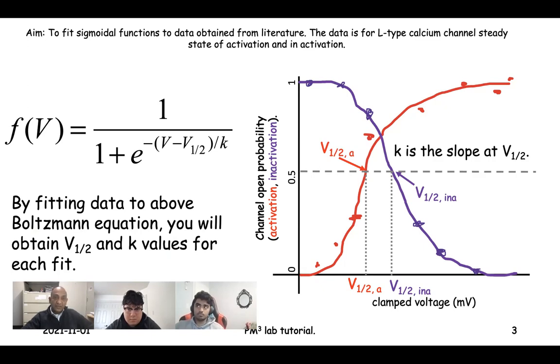Regardless of activation or inactivation fitting, you will always do your fits to this function. The aim of fitting will be to uncover the values of v half and k. Incidentally, this function is called the Boltzmann equation.